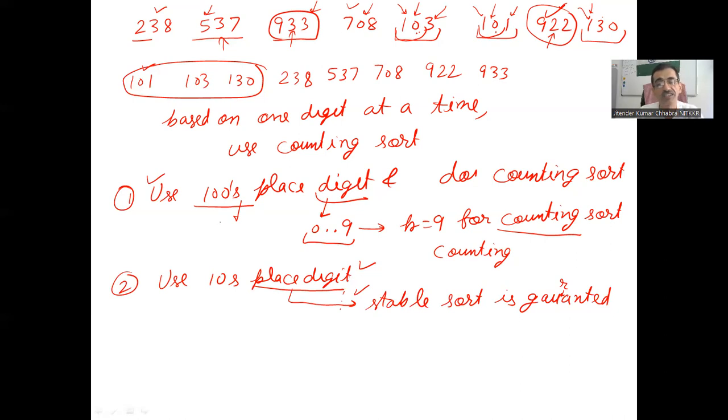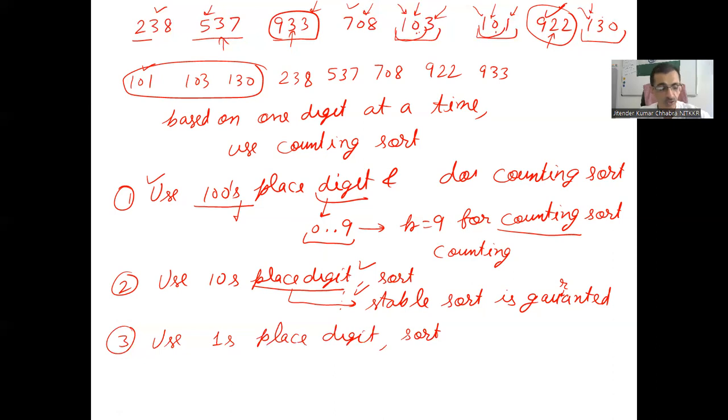If the hundreds place was the same and the tens place is also the same, they will remain in the same relative order. And then later I can do the same using ones place digit. You can again sort the same values, and then finally your sorting is ready. So I will say using tens place sort, then using ones place digit sort, and done. But again, we will go into further simplification of this.